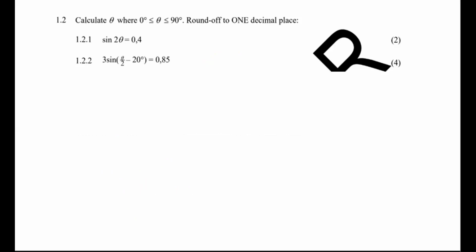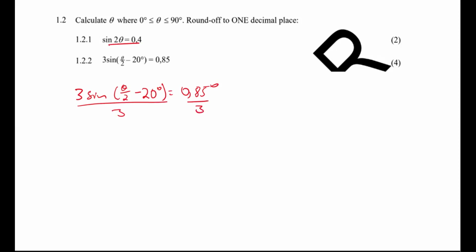Then same thing here. You have 1.2.2, we just did this one. So this is 3 sine theta over 2 minus 20 degrees equals 0.585. The first thing you do is divide by 3.